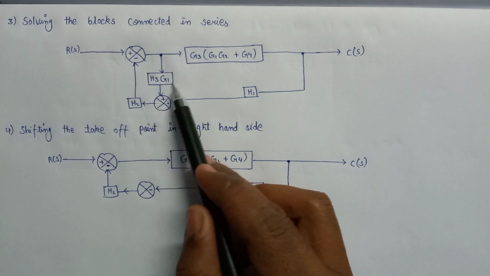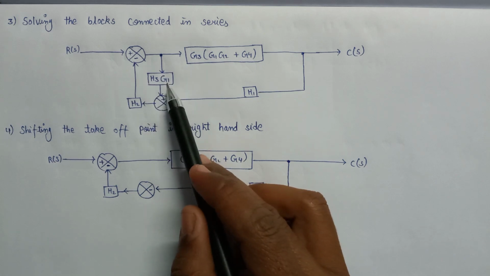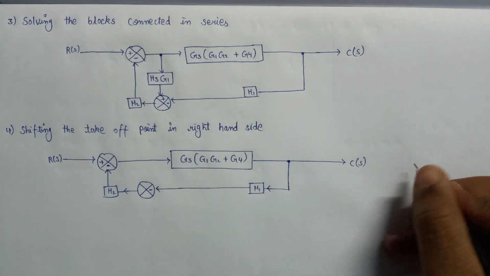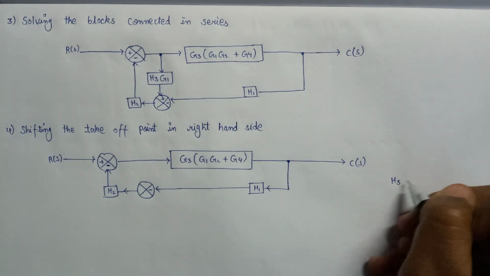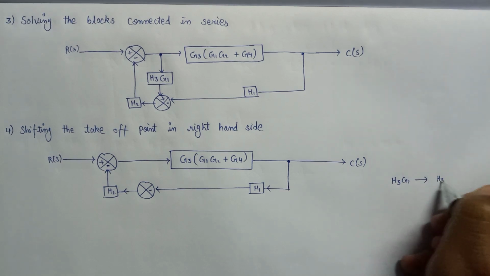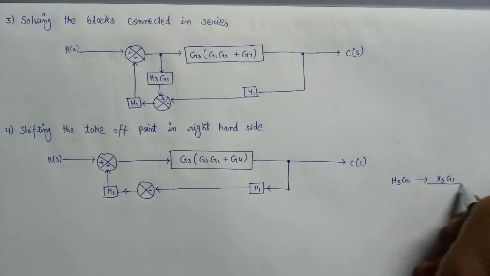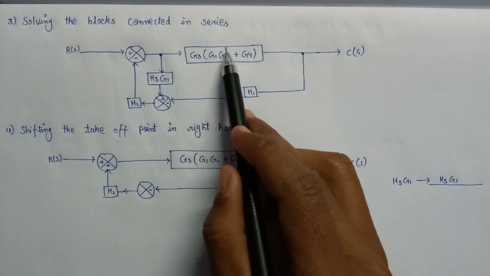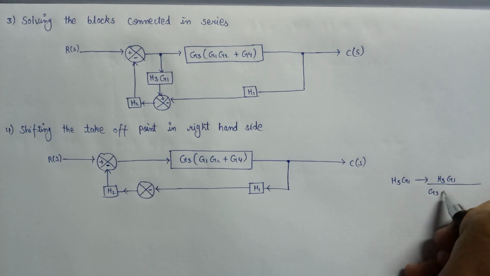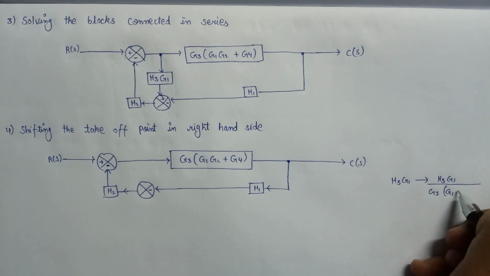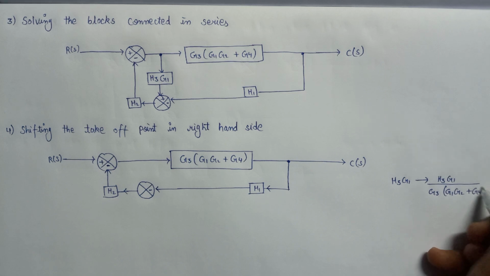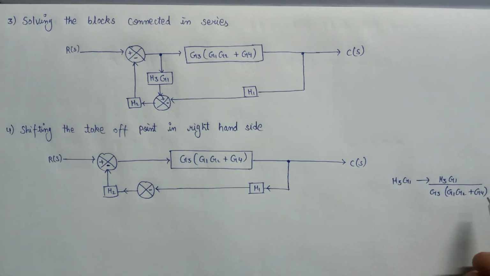This whole gain of this block, that is G3 G1, will get divided by this gain. So H3 G1 will now become H3 G1 divided by this gain, that is G3, G1, G2 plus G4. So this is our new gain.